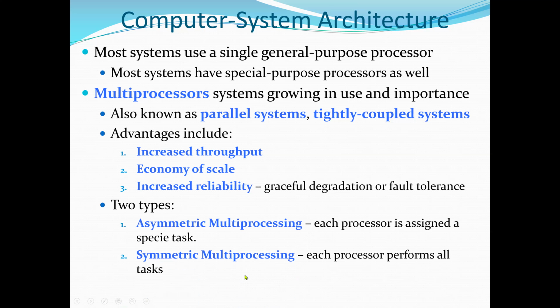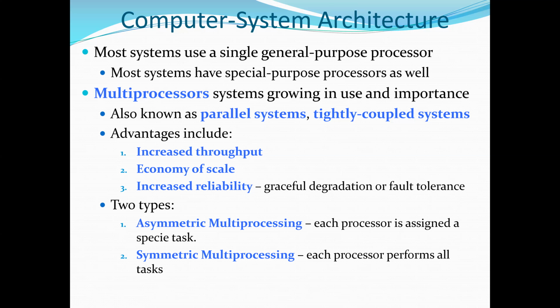We have two types of multiprocessors: asymmetric multiprocessing and symmetric multiprocessing. With asymmetric multiprocessing, each processor is assigned a special task. But with symmetric multiprocessing, each processor performs all tasks.